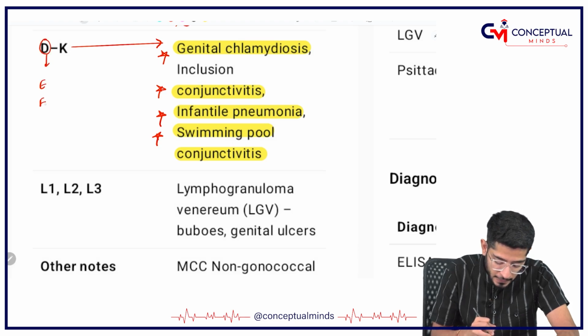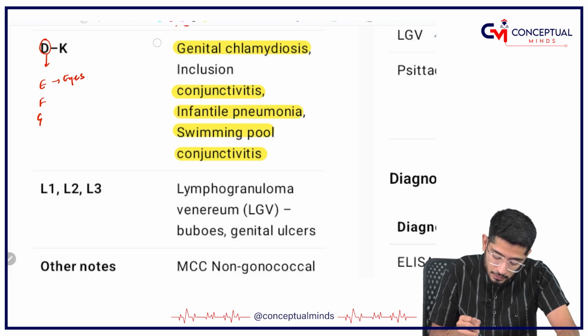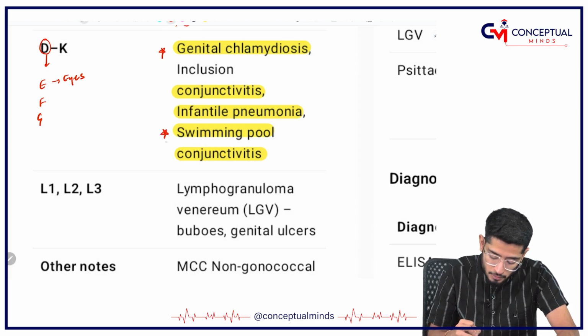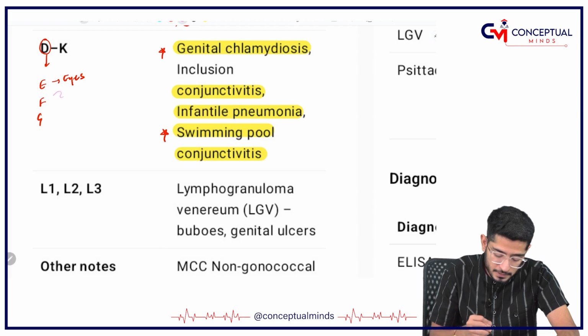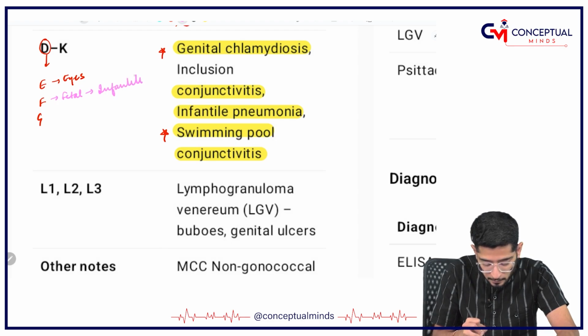So, E, F, G. So, E for what? Just tell me, E for what? E for eyes. Eyes means they have got two things: genital chlamydiosis and swimming pool conjunctivitis. Then what is F? F means fetal, or you can say infant. Infantile what?